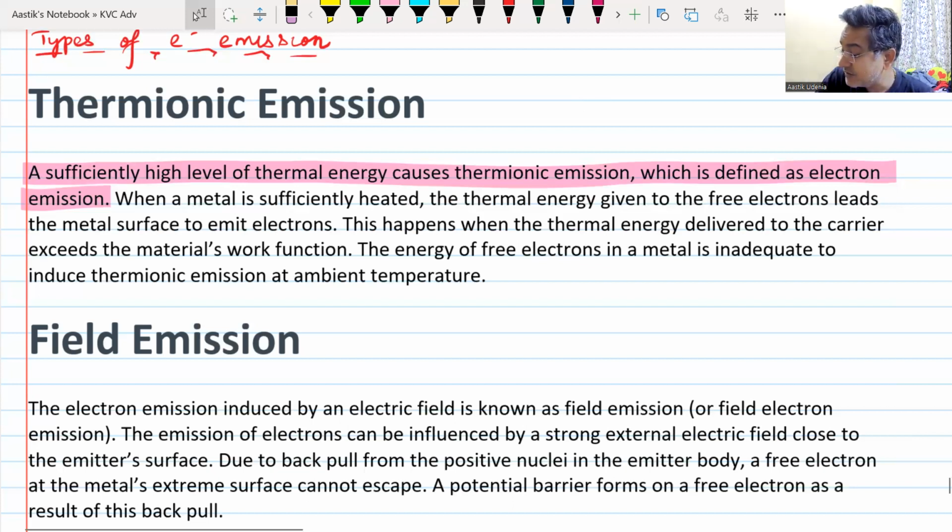This type of emission, my dear friend, is known as field emission. That is the second type of electron emission, which is known as the field emission.